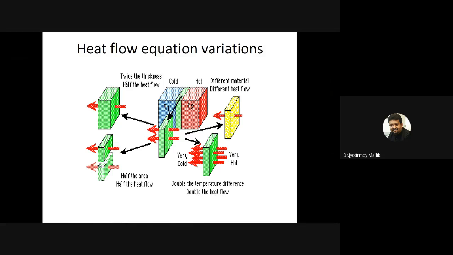If this intermediate transition area is twice the thickness, the heat flow will be half. The different material will have different heat flow. That will depend on the coefficient of heat transfer. And double the temperature difference, double the heat flow. That essentially is Newton's cooling law. It's the same thing that we are seeing here.